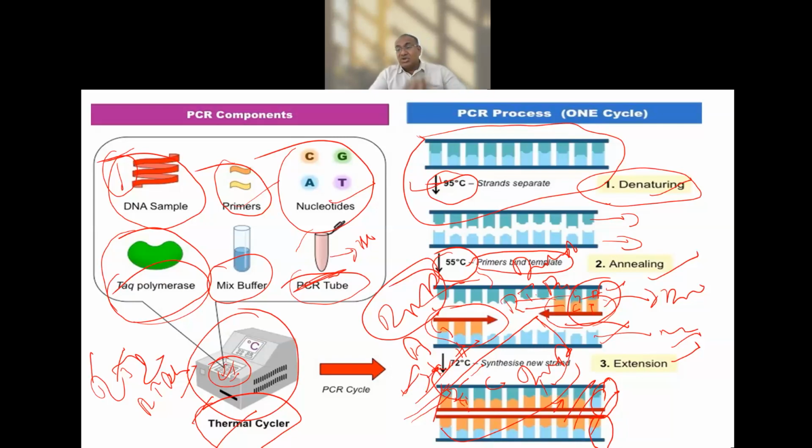Then annealing, where I have given the nucleotides, which are supplemented by me. The primers are also supplemented by me, and polymerase is also supplemented by me. So this helps in the synthesis of these new DNA fragments. Then extension. So these three steps I call one cycle.